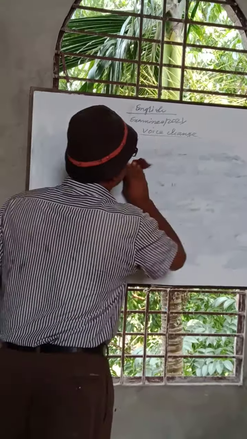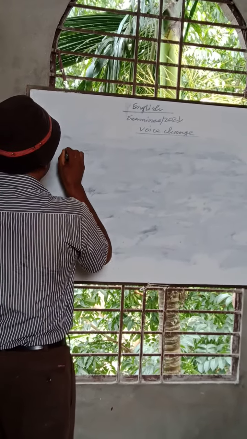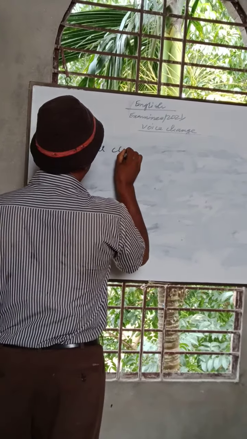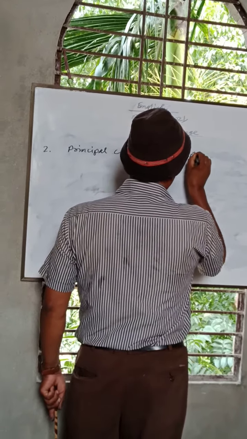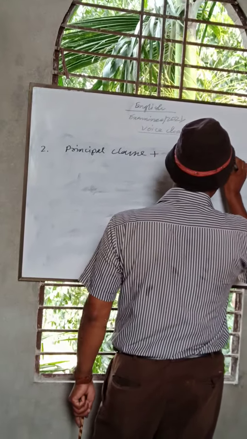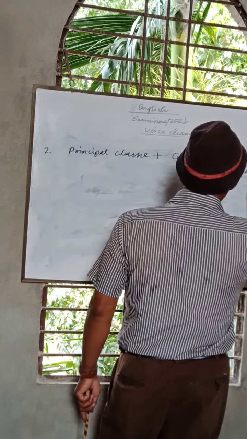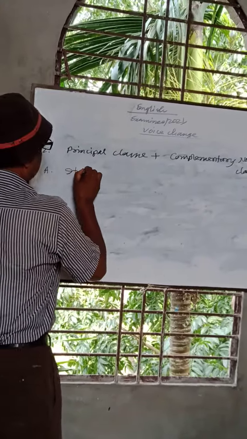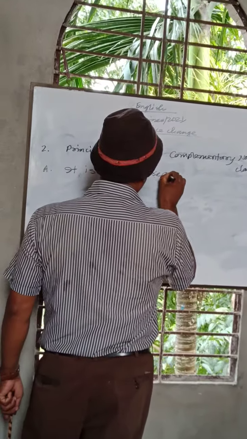Okay, now come to number 2: principal clause plus complementary noun clause. Now look at a few sentences in active voice. It is how he reads English.